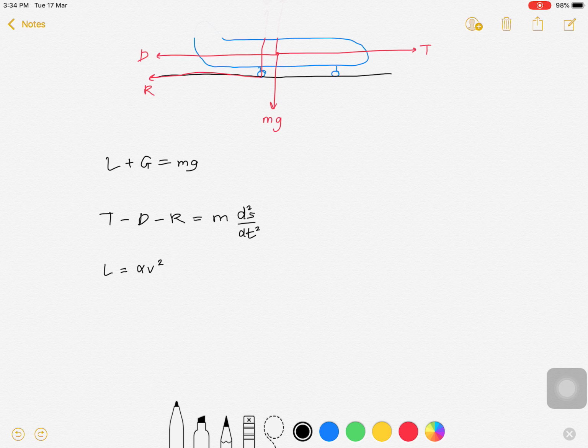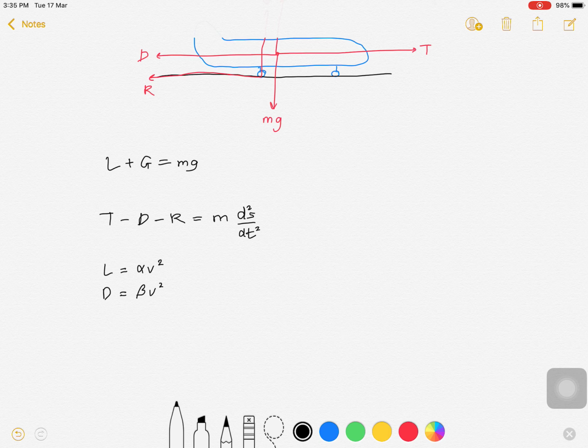We can also elaborate the drag equation. Drag is equal to beta V squared, where beta is the properties of the aeroplane.